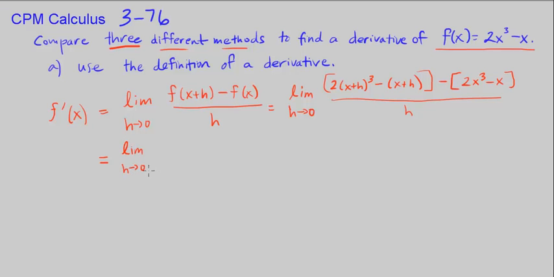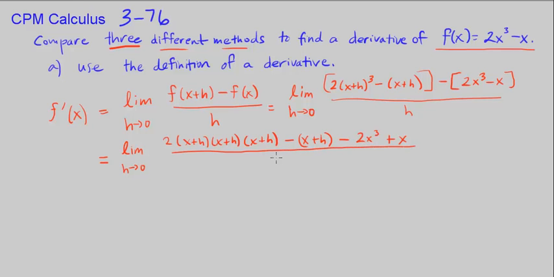And we have 2 times, well, x plus h cubed is going to be x plus h times x plus h times x plus h, right? Minus x plus h, minus, so let me distribute that negative, so this is going to be minus 2x cubed and then plus x over h.